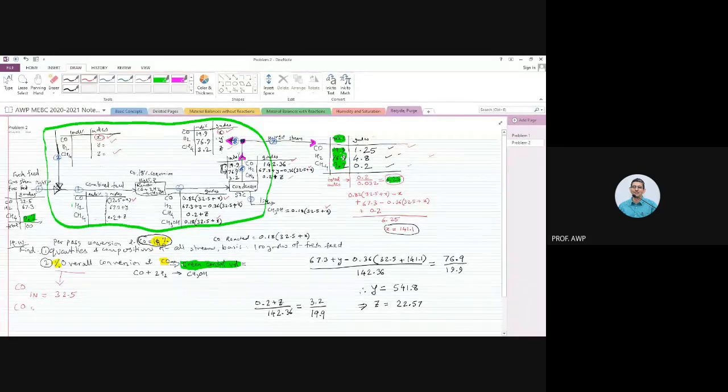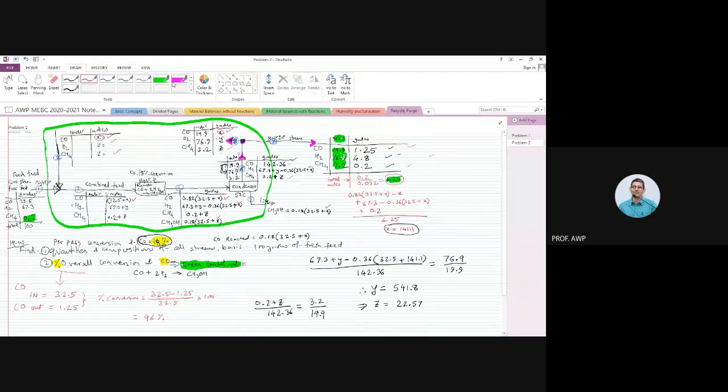Carbon monoxide going out of this green control volume, overall plant, is 1.25. So that is how much carbon monoxide has reacted overall. So percent conversion is 32.5 minus 1.25 divided by 32.5 multiplied by 100, and you will get something like 96%.